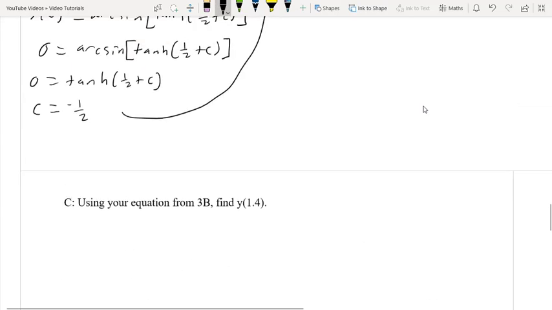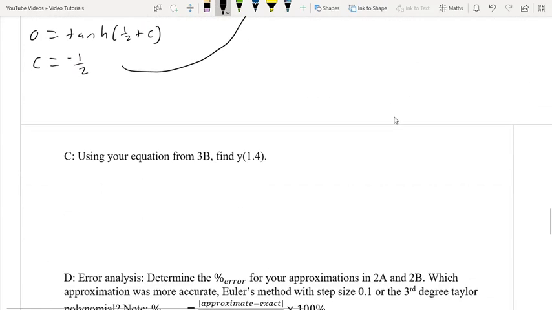So now, using that equation that we got here, we can find the exact solution to this point. So we know that y of 1.4 is going to be equal to arcsin of hyperbolic tangent of (1.4 squared minus 1) over 2.